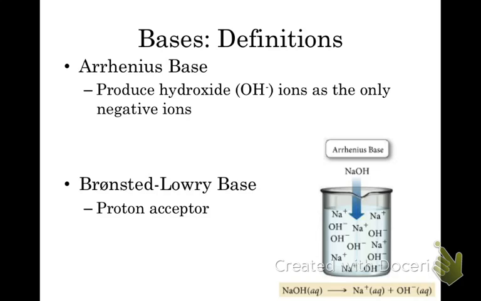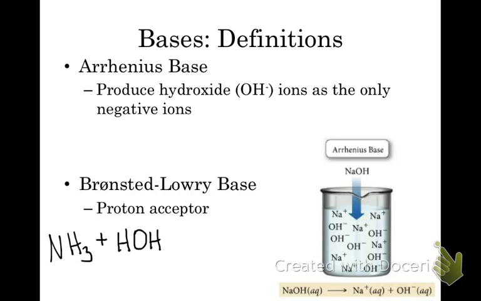So, for example, NH3 is going to be an example of a base. We'll see that in just a little bit. We'll add water to it. And remember when I talked to you about balancing chemical equations, I like to write out water as HOH.